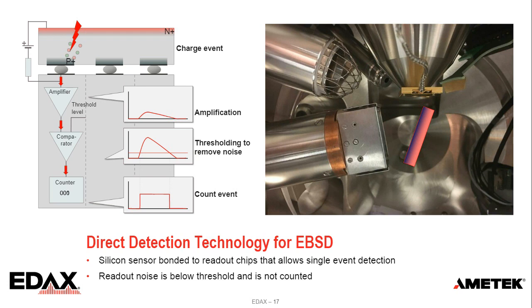There's thresholding that goes on to remove the low-end noise. It's essentially similar to a discriminator in an EDS detector. Once that's done, it counts electron interaction events. That means we can detect single electron events with the detector, which allows us to run at very low beam currents.